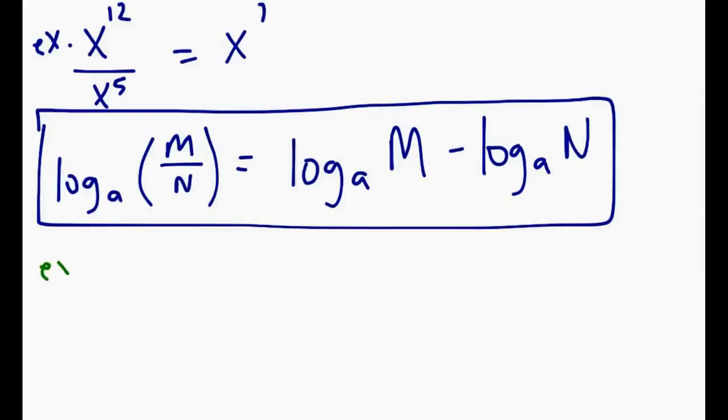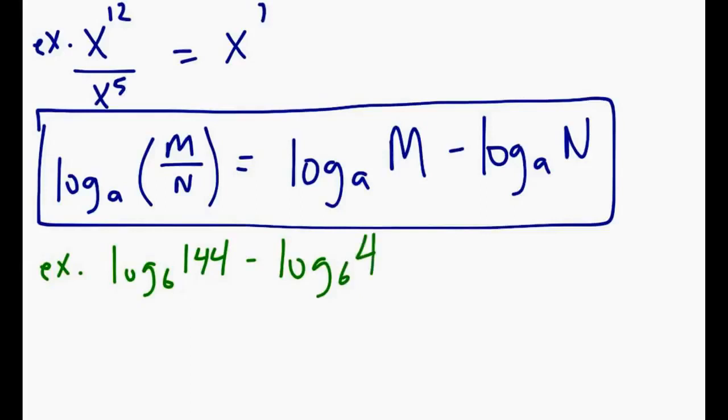So let's do an example with this formula. If I gave you log 6 of 144 and we subtracted log 6 of 4. With both of these formulas, you notice the log base number, the a, has to be the same. In this case, we both have log 6's. If they're different numbers, you can't do anything, you just leave it the way it is. But because they're both the same, we can use this formula.